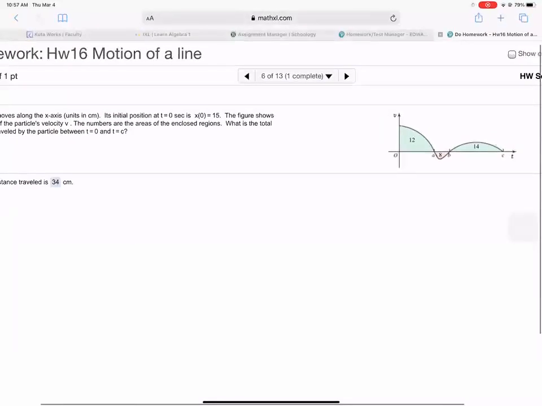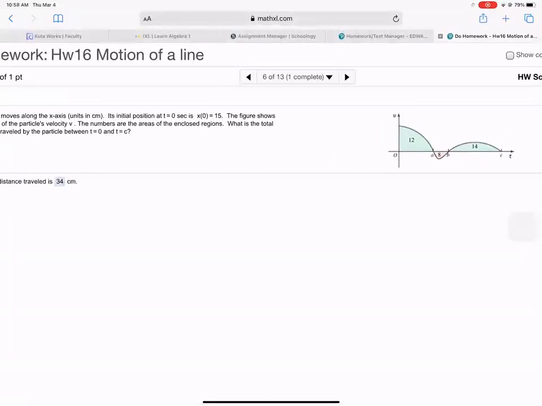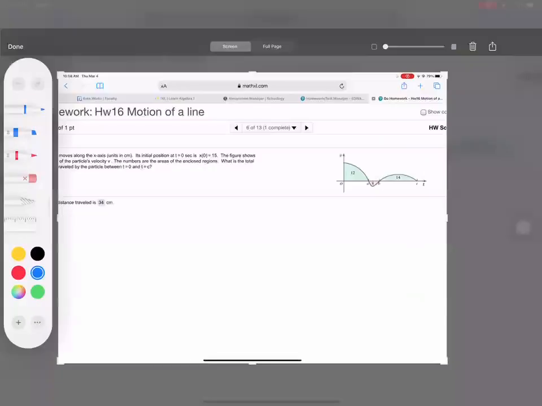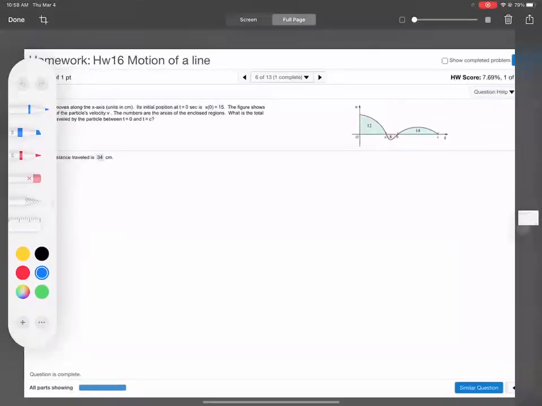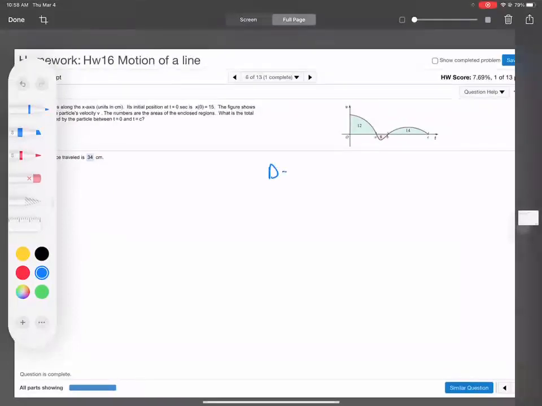If the question is total distance, our equation for total distance was the integral from A to B of the absolute value of v(t) dt, meaning all the negatives became positive.